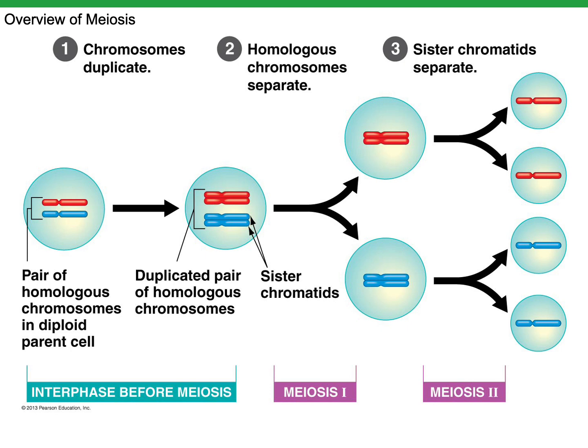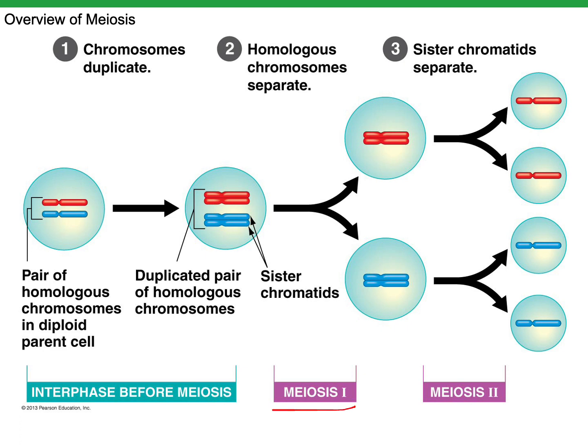Here is an overview of meiosis. One cell splits into daughter cells containing half the genetic information. That is one set of homologous chromosomes. Meiosis occurs in two main phases. Each phase is similar to mitosis.